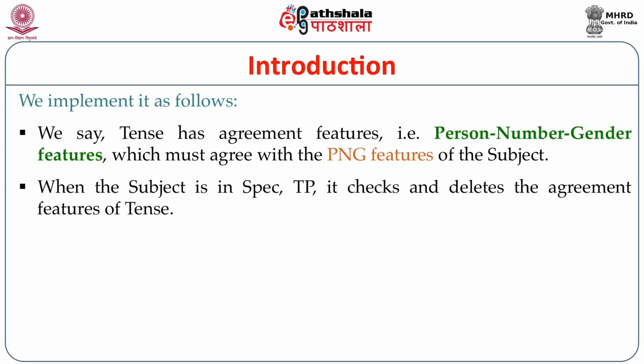What does that mean? The subject goes into the spec of TP. The head of TP is T, and T has these agreement features, and the subject of course comes with its inherent person, number, gender features.